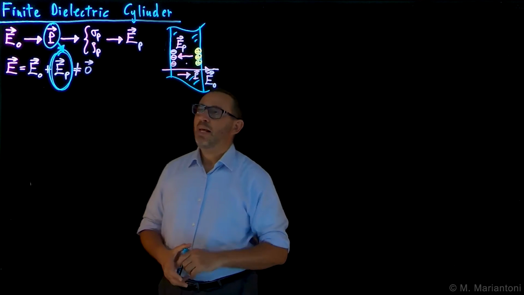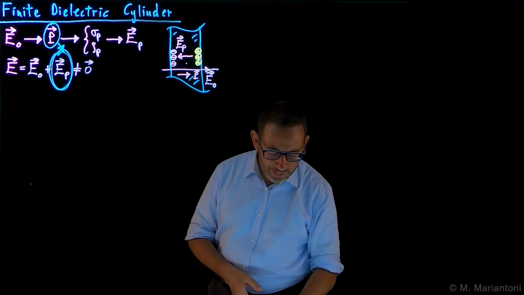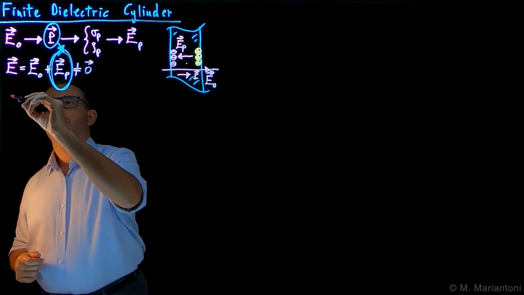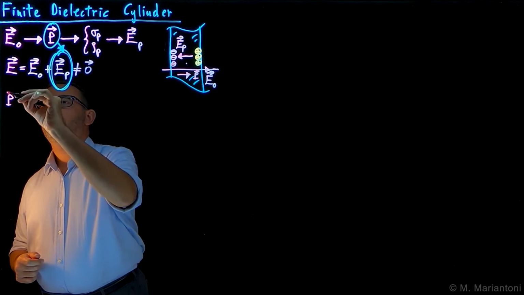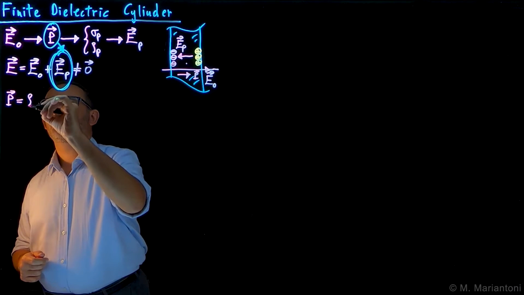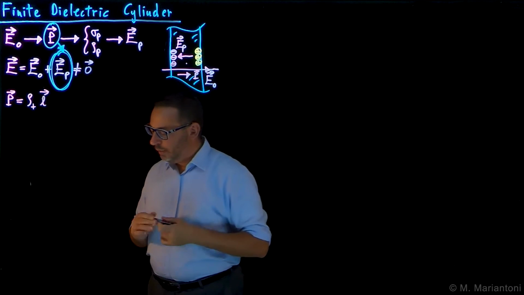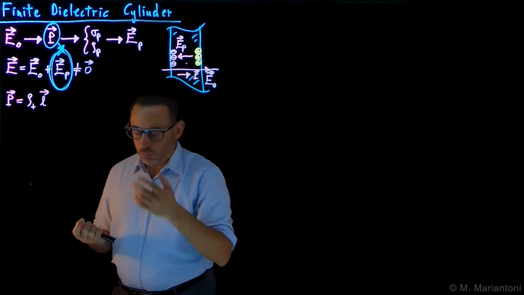All right, so now let me also remind you briefly what capital P is. Capital P microscopic definition is rho plus times L, the displacement vector. So that's what it is, because times the volume, it would be small p.